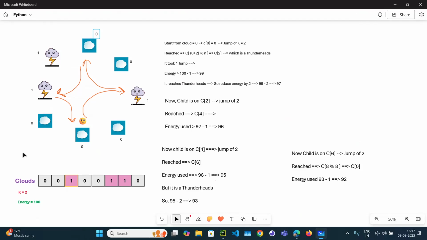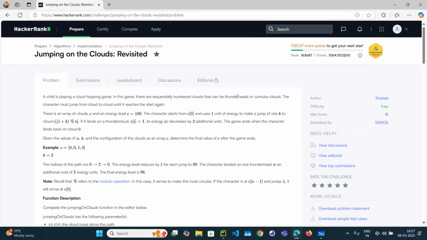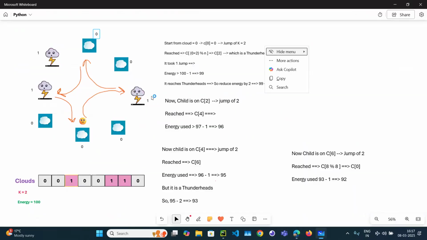We have two types of cloud: one is thunderheads and one is cumulus. Cumulus means a kind of silent cloud, and thunderheads are when we have a thunderstorm kind of thing, right? So if the cloud is silent, it is represented by zero. If the cloud is a thunderhead, it is represented by one.